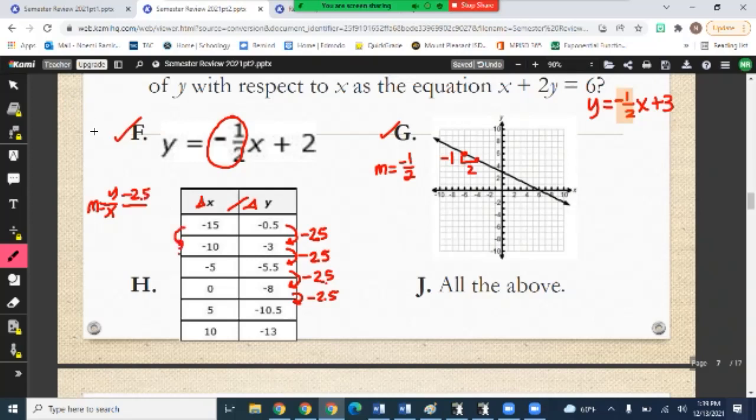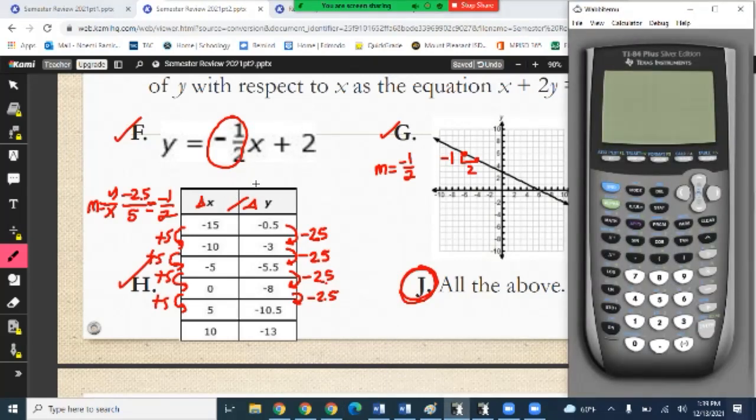So next one, your number is increasing or decreasing. So we're adding 5 every single time. So what is -2.5 divided by a +5? Take a wild guess. -1/2. All 3 of these have a -1/2 slope. So they all have the same slope as that equation, all the above.